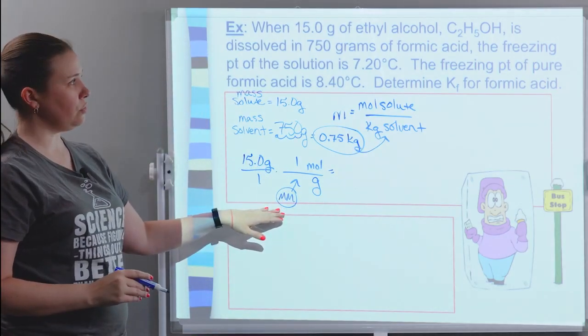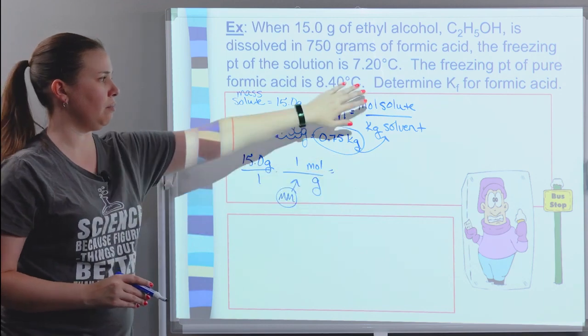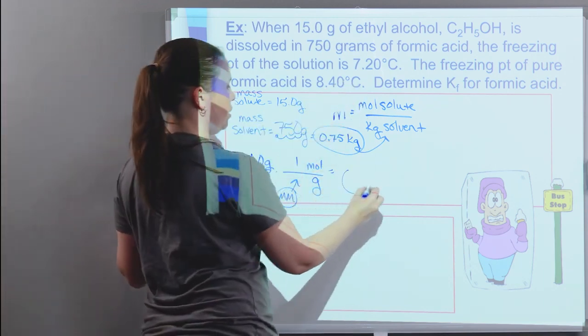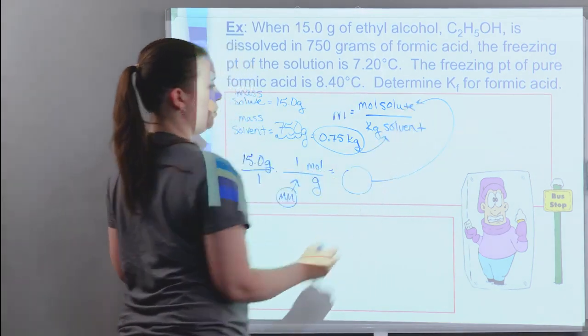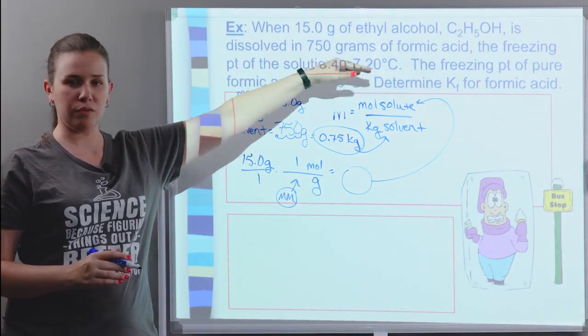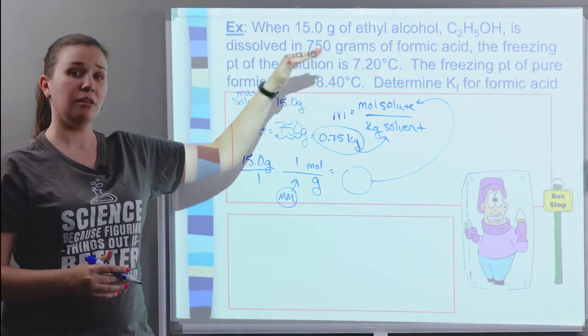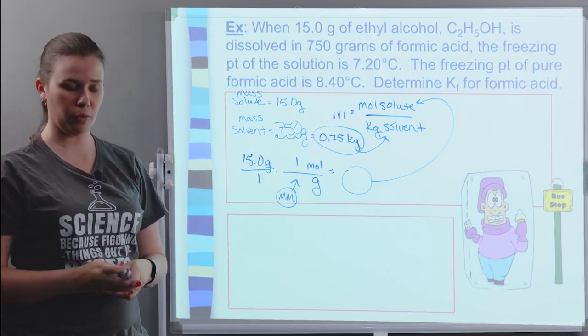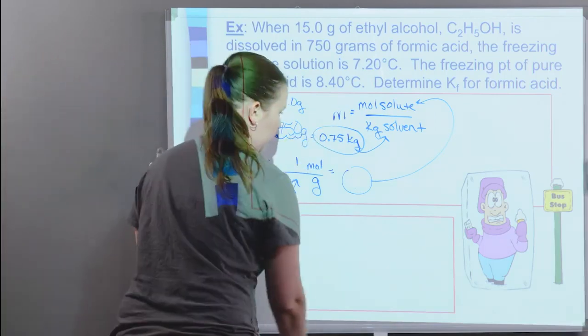So I can plug that directly in here, but I do need to find my molar mass of the C2H5OH to divide and get my moles. Then I'll be able to plug that answer into the top. Once I have moles of solute and kilograms of solvent, then you can divide to find the molality. So what does that look like?